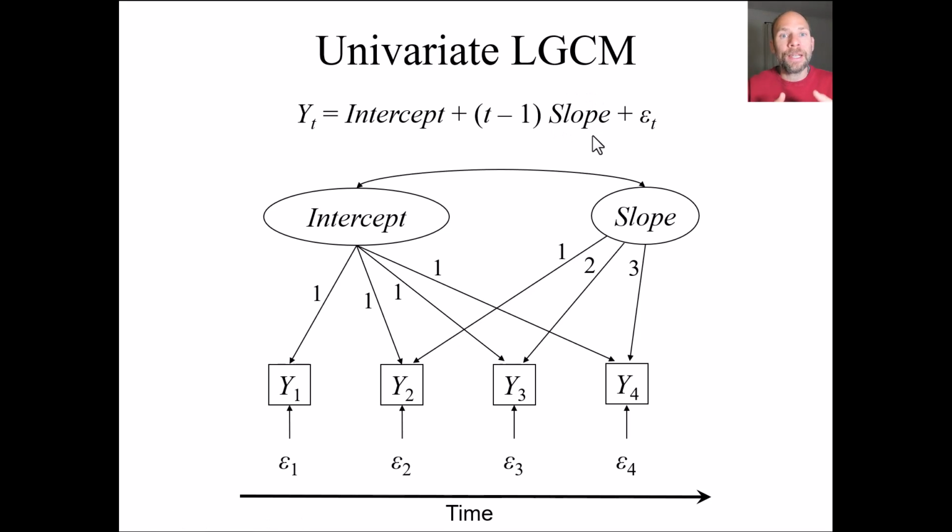And so, since longitudinal data has a multi-level data structure with time points nested within observations, we can estimate the parameters of such a growth curve model also within the framework of hierarchical linear modeling or multi-level modeling using random coefficient regression analysis. And that's what I want to show you next.